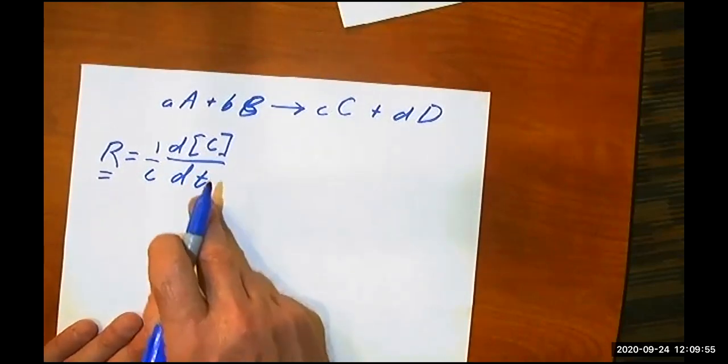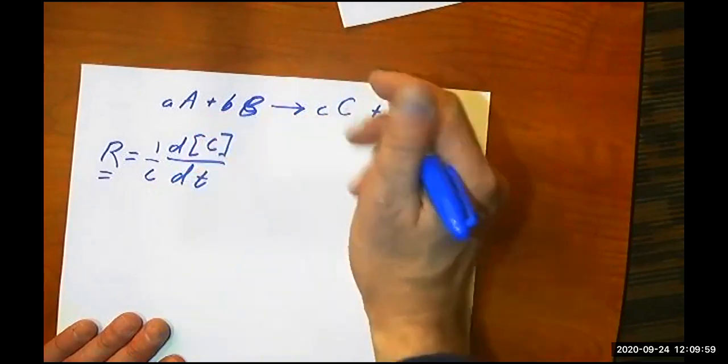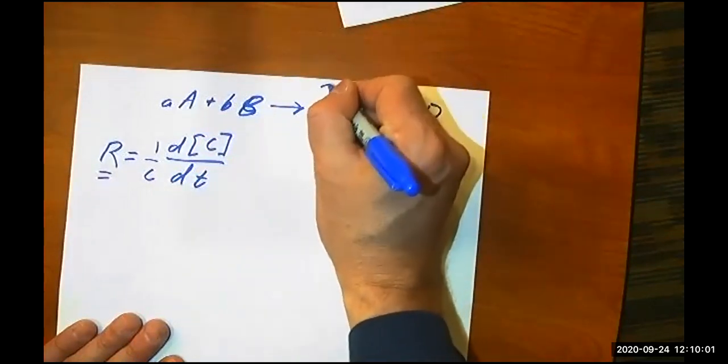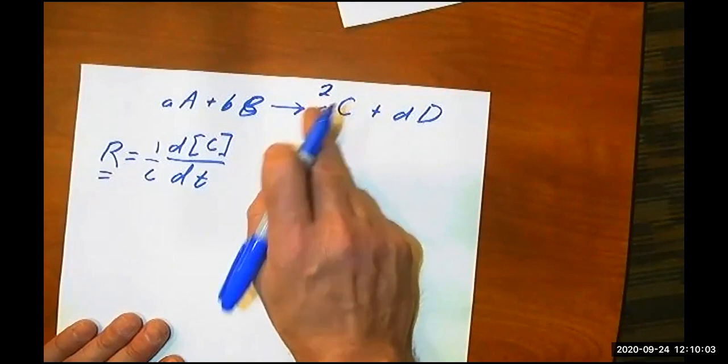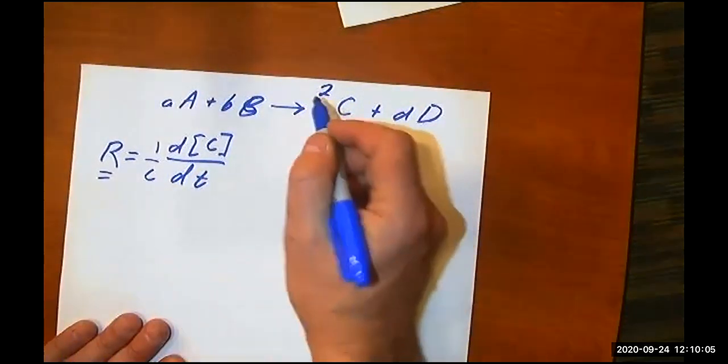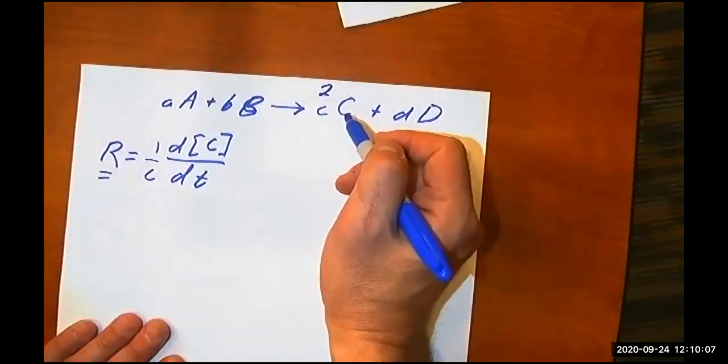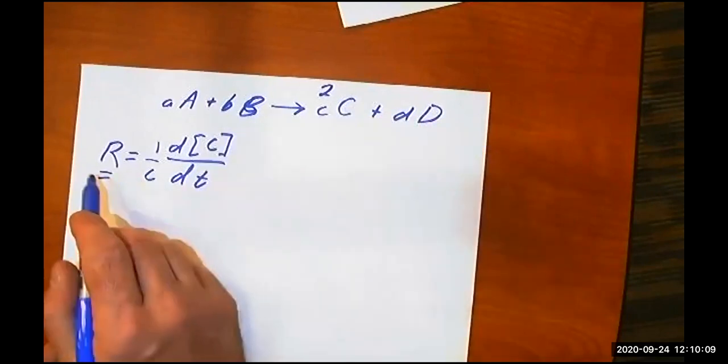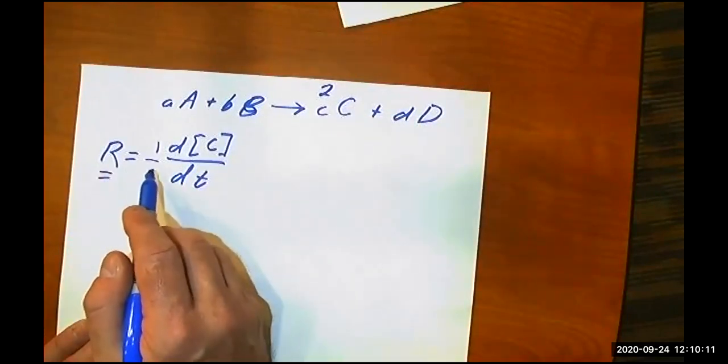So that if, let's say c is 2, and you are making 2 C's every second, then the reaction is happening 1 time every second.